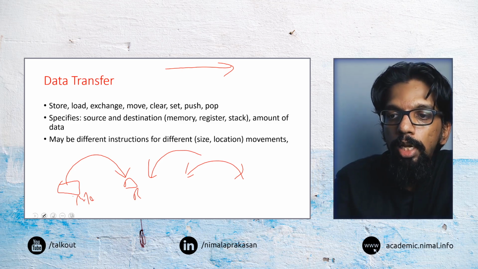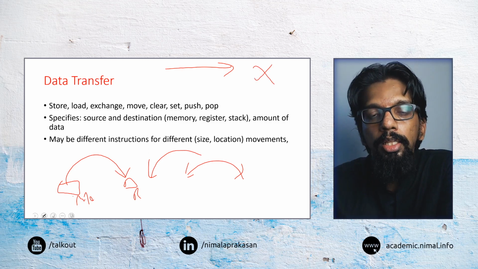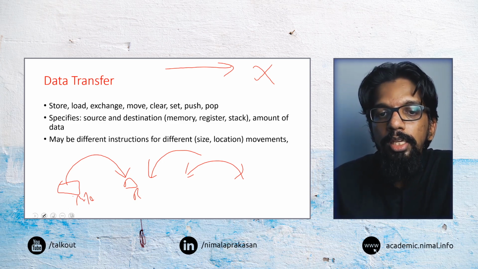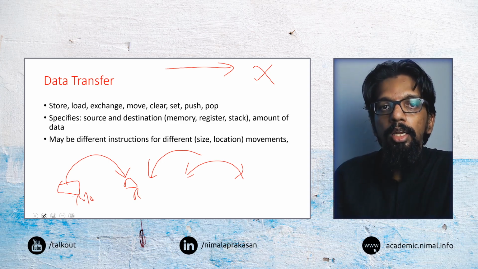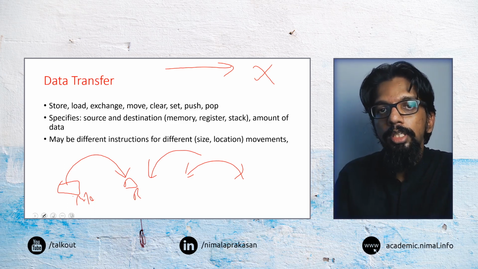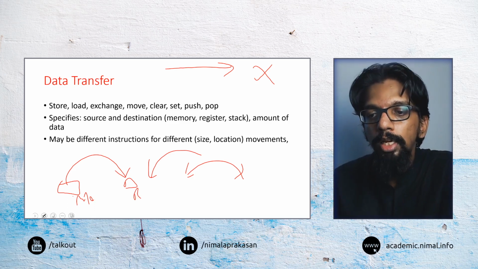We want to clear the data currently in a particular register. And then things like stack operations, where we can do push and pop operations. So these are all operations that are moving data across the computer, across the CPU, registers and memories.